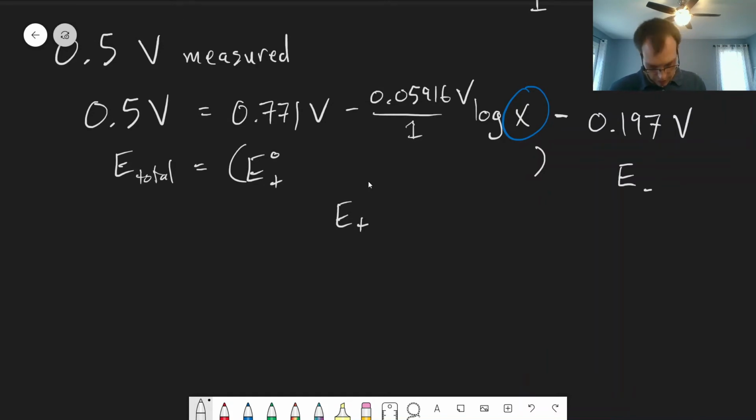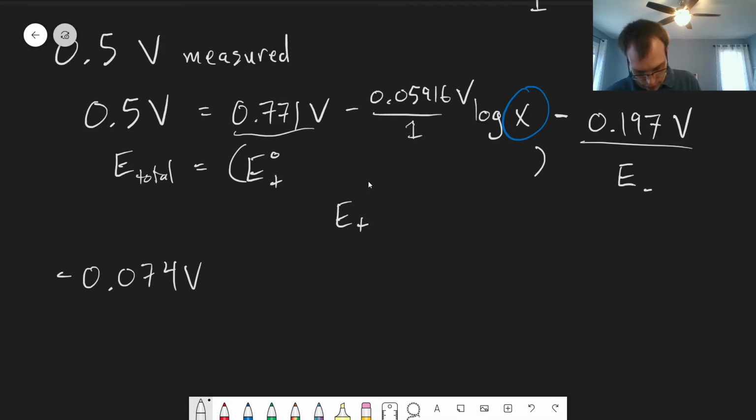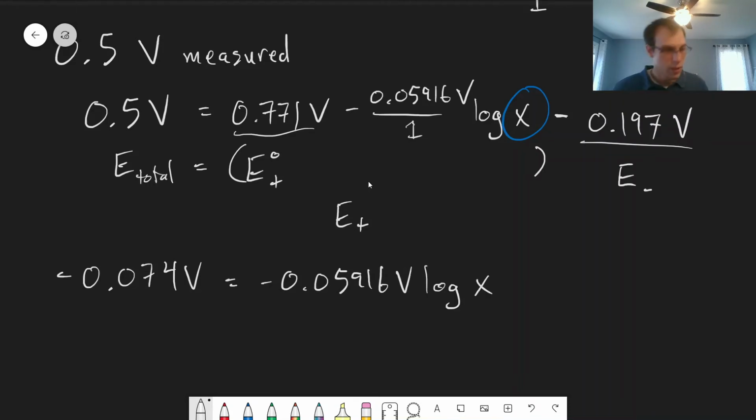All right, so we need to subtract this term and this term over to the other side of the equation. Well, I guess subtract and add. So we'll get negative 0.074 volts is equal to negative 0.05916 volts times the log of x. And then we can go ahead and finish the algebra here. So we'll get that the log of x is equal to 1.251.